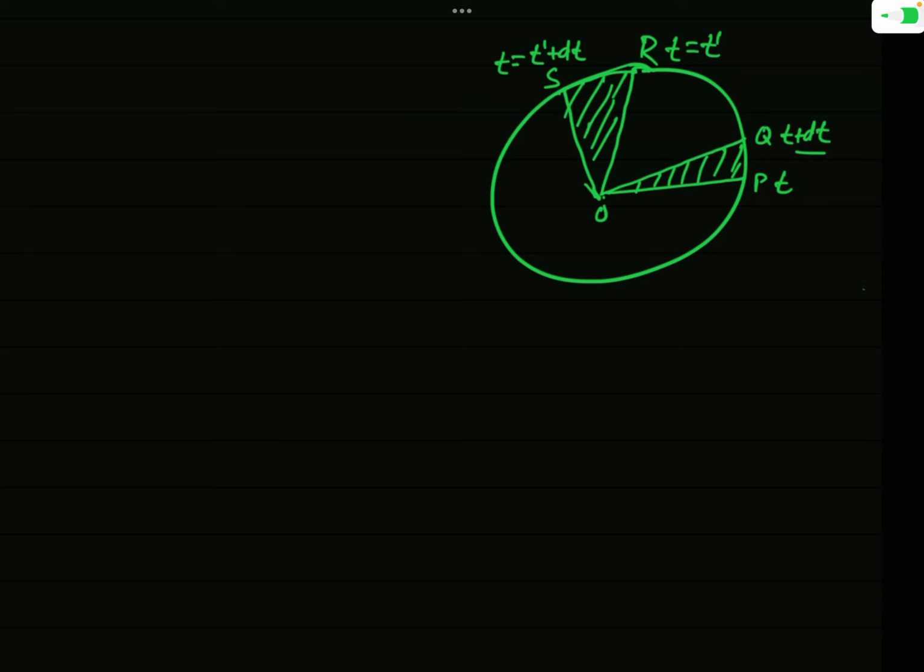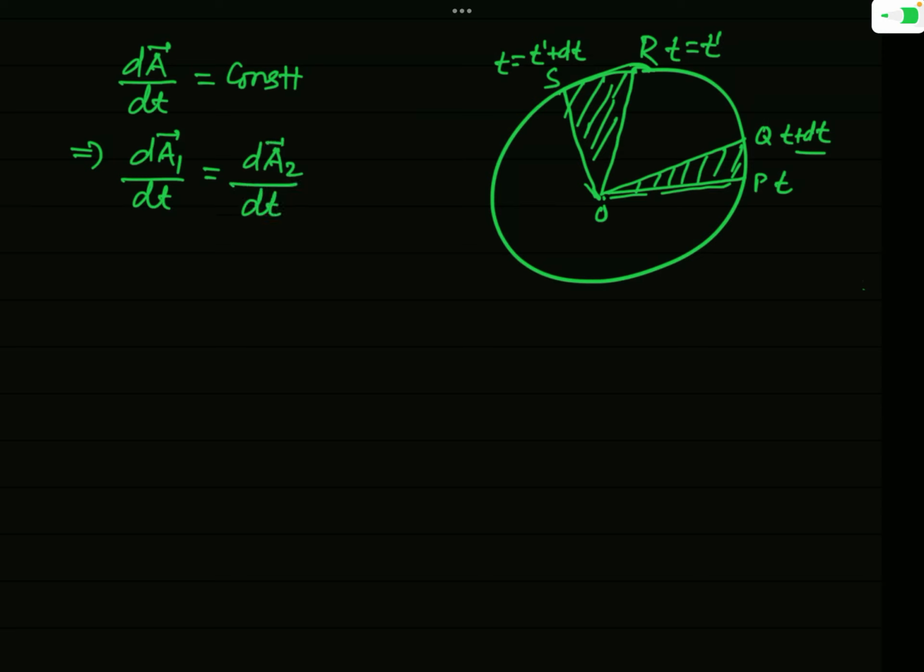Now, as you have seen, dA by dt is equal to constant. If you consider that the area OPQ is dA1, then dA1 by dt will be equal to dA2 by dt, where dA2 is the area of ORS.